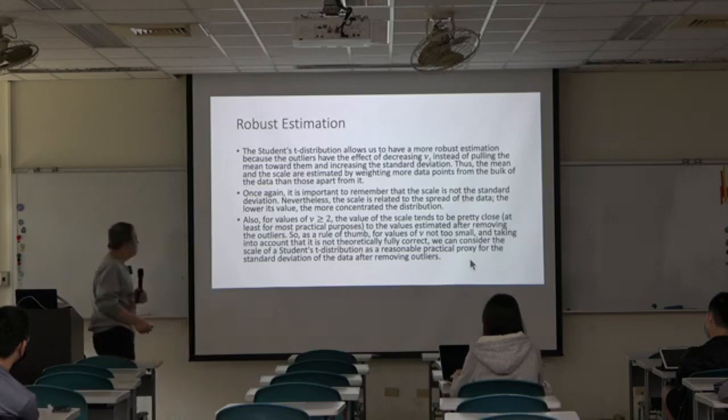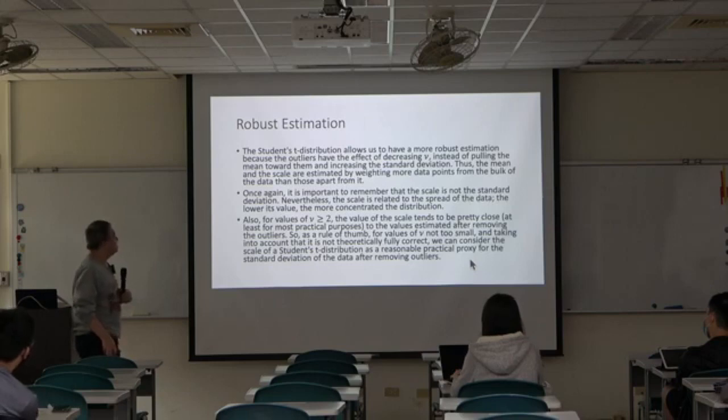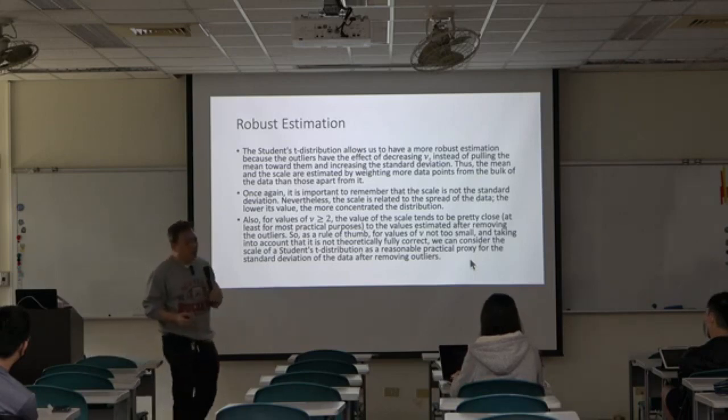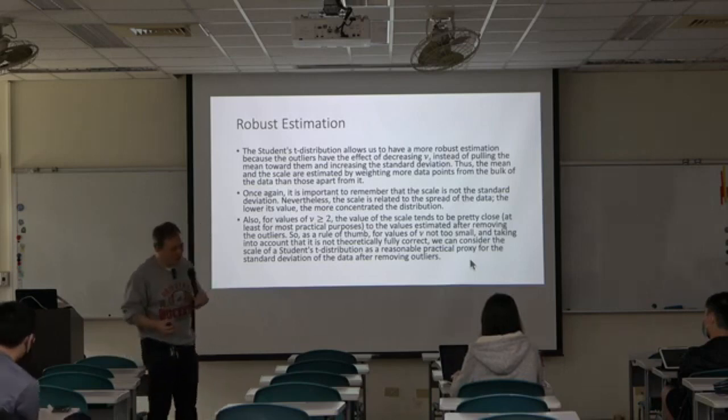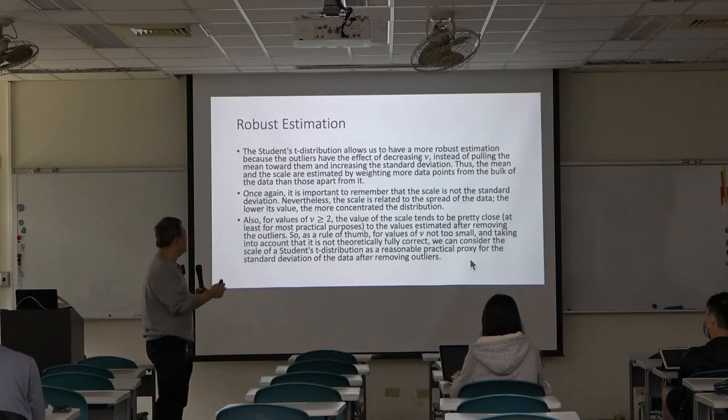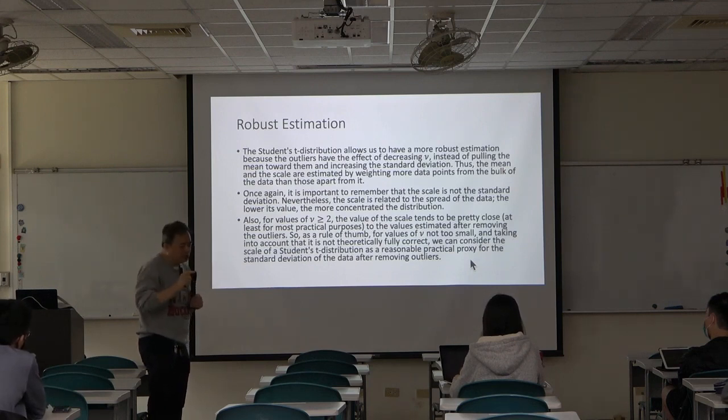The Student's t-distribution allowed us to have a more robust estimation because outliers have the effect of decreasing ν, instead of pulling the mean toward the outlier and increasing the standard deviation. That is the effect we can observe in the Gaussian model, but in the Student's t-distribution the outlier only affects the value of ν, which is good.